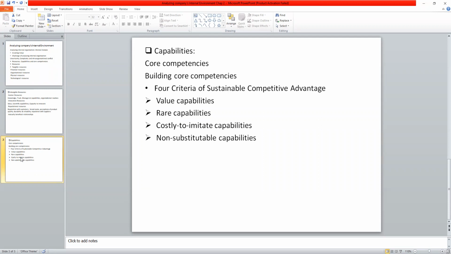We also have an Indian company like Patanjali, which has its own core competencies. What is the core competency of the company? How is this Indian brand fighting with these multinationals?